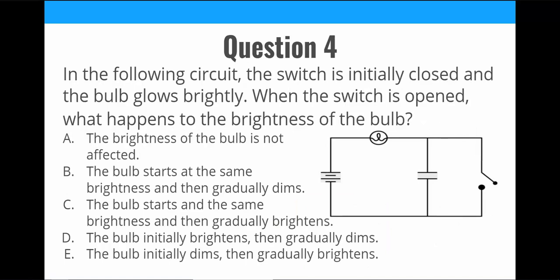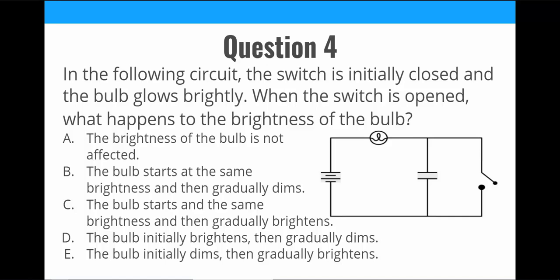In the following circuit, the switch is initially closed, and the bulb glows brightly. When the switch is open, what happens to the brightness of the bulb? So, initially the switch is closed, which means current will run through the bulb.